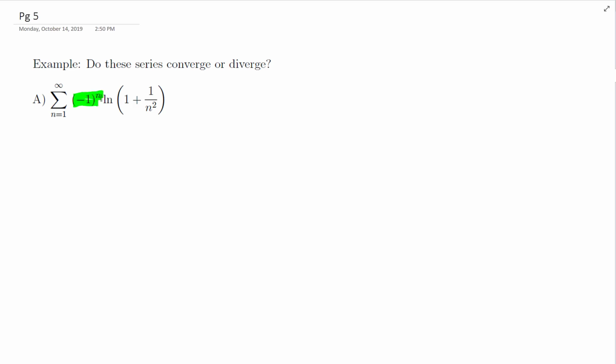That tells me that this is an alternating series. So if it was geometric, I could still use the geometric information. But once I recognize it's an alternating series, then my first thought is, well, what's b sub n? In other words, what is the term without the flip-flop sign? That is my natural log of 1 plus 1 over n squared.